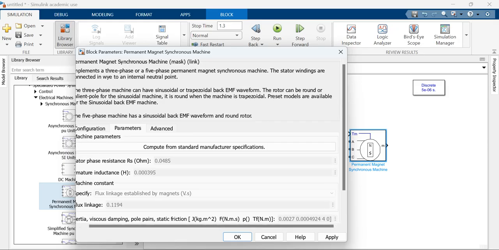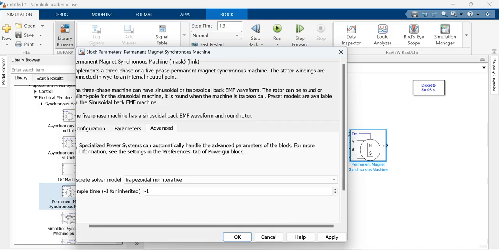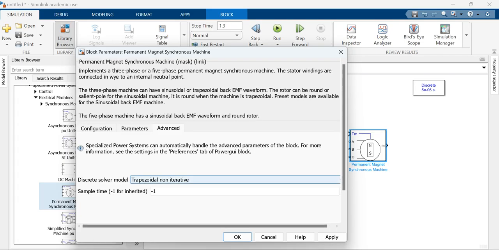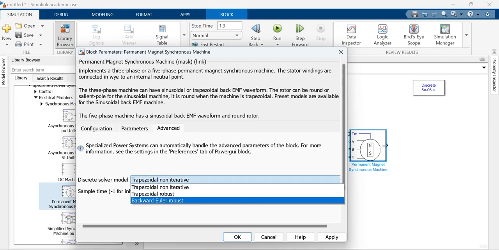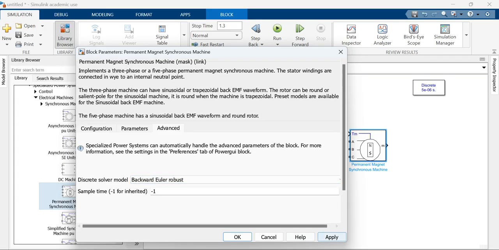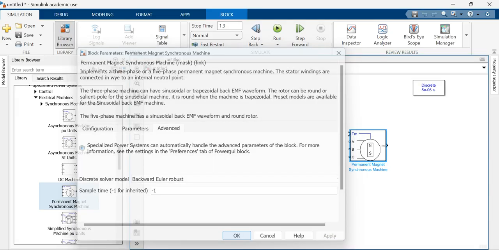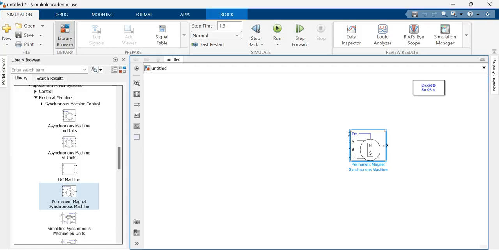I have J, moment of inertia, frictional coefficients, number of poles of the machine, which is also important for calculating and doing the control techniques. And let me go to advanced mode. In this advanced mode, for discrete solver model, you keep it as backward Euler robust and click apply and go OK.